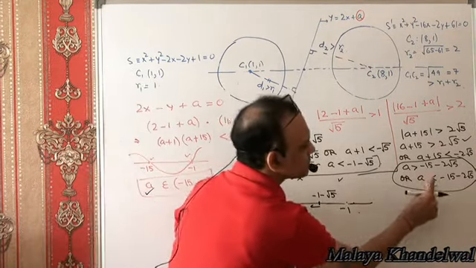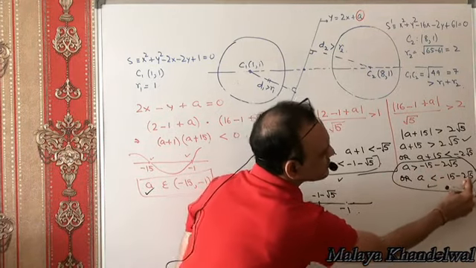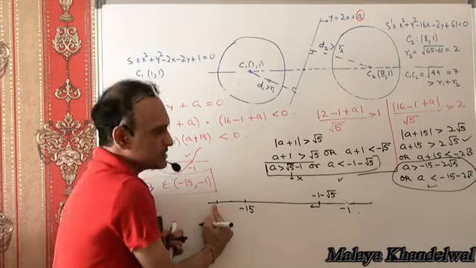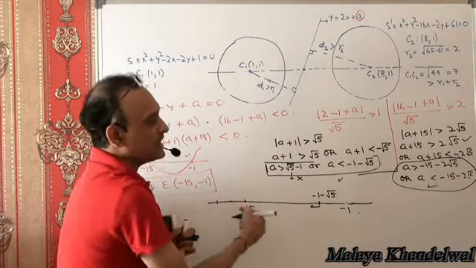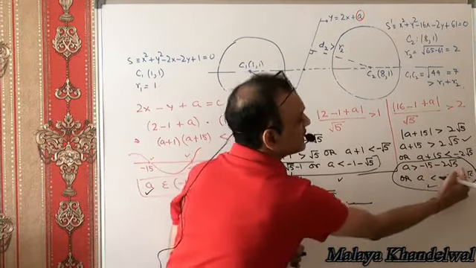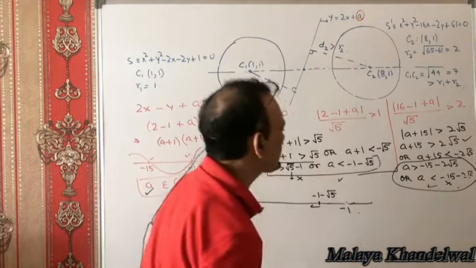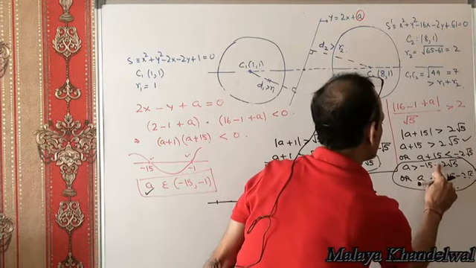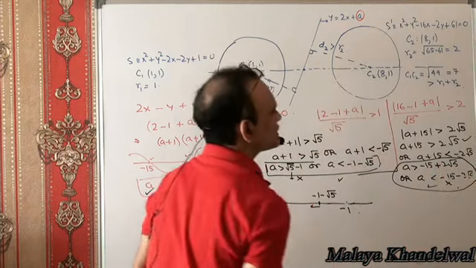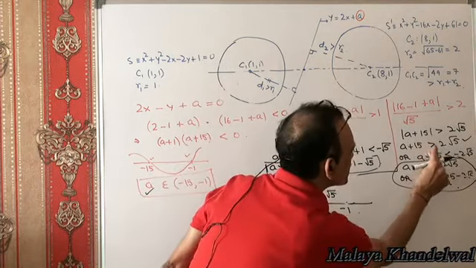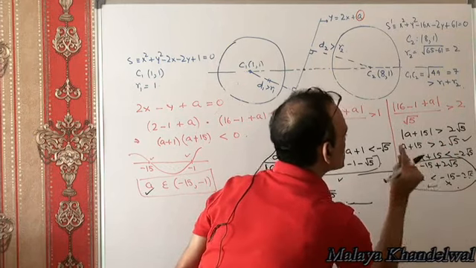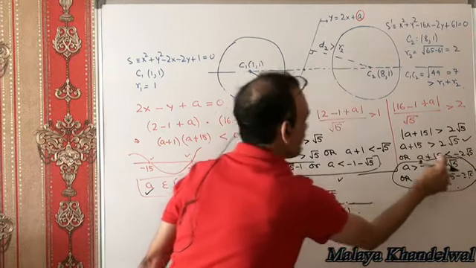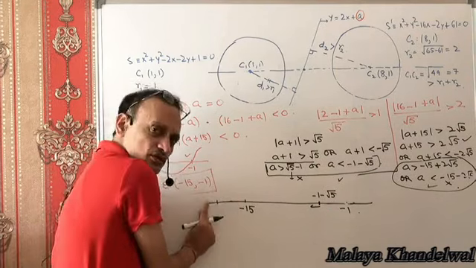Right? Now let's look at this. a less than minus 15 minus 2 root 5. Now minus 15 minus 2 root 5 is a number here. So a cannot be less than minus 15 anyway. So this condition is ruled out. But a greater than 2 root 5 minus 15, and a less than minus 2 root 5 minus 15 is not possible, because that's to the left of minus 15.